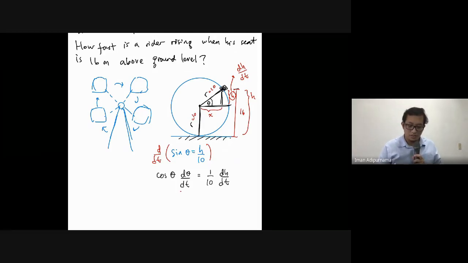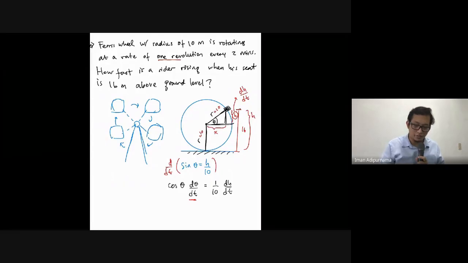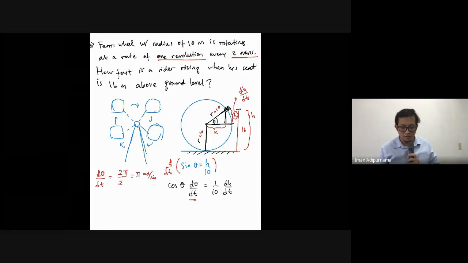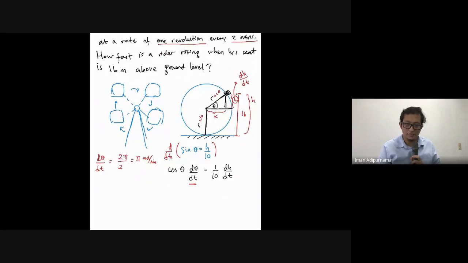Okay, so d theta dt we get from this one revolution every 2 minutes, okay? So d theta dt is 2 pi over 2, or this is pi radian per minute. So d theta dt is pi.